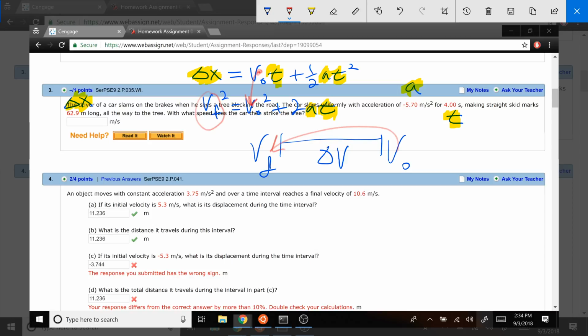I solved for V naught basically and stuff that from that equation that you have there. Oh, from the upper one? This one you have right here? Oh, that's not an equation. I know it's not an equation, but yeah, you're right though that delta V equals VF minus V naught. And it's solved for V naught.